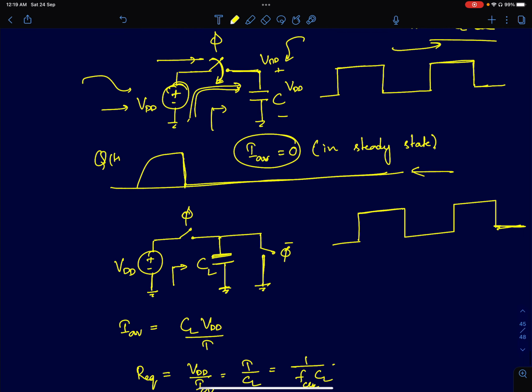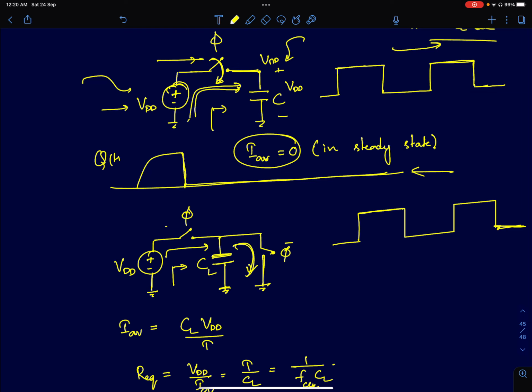So we add another switch controlled by the other phase. In one phase, the switch charging the capacitor is on; in the other phase, the discharging switch is on and the charging switch is off. What I am doing here is removing the memory property of the capacitor. The capacitor can hold charge, but by adding a switch in parallel to the capacitor, I'm discharging the charge that was transferred from the supply to the capacitor in the positive cycle.